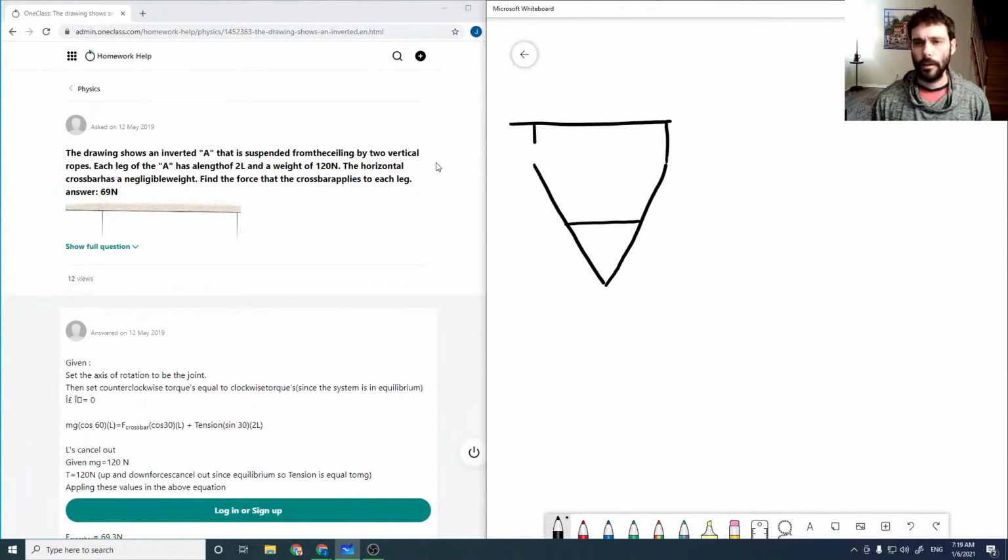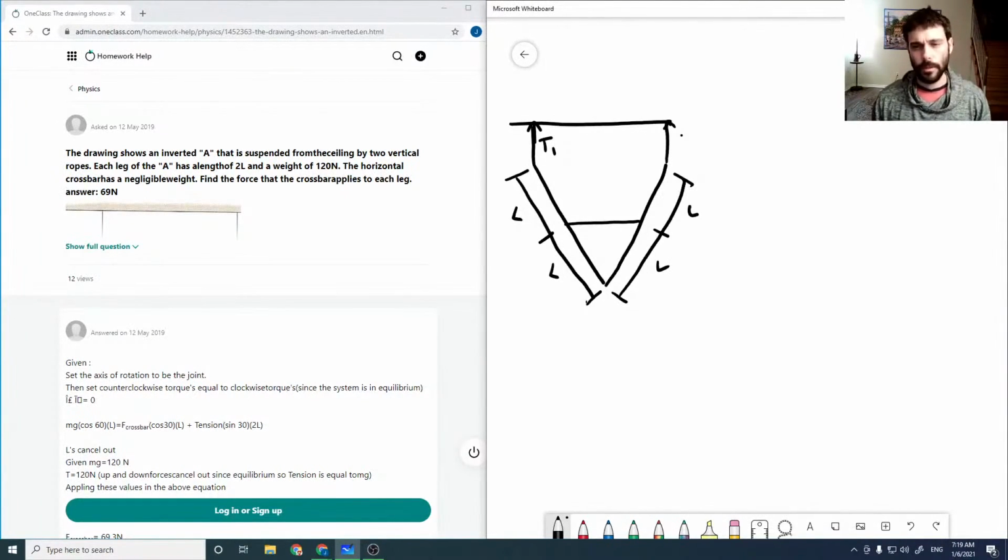And we've got it hanging from two strings, like this. And the length is equally split, where that is L and that is L, and this is also L and L, even though it might not look like it.